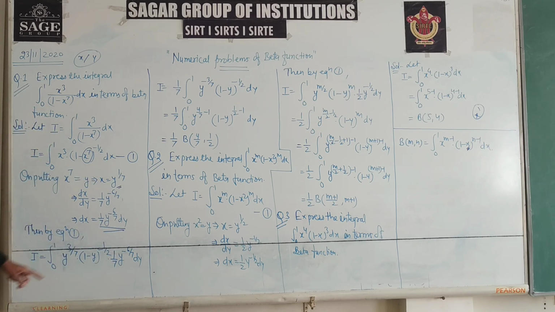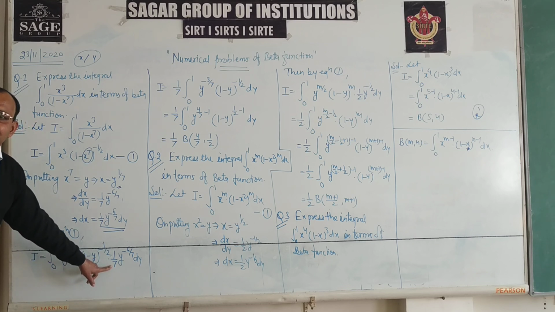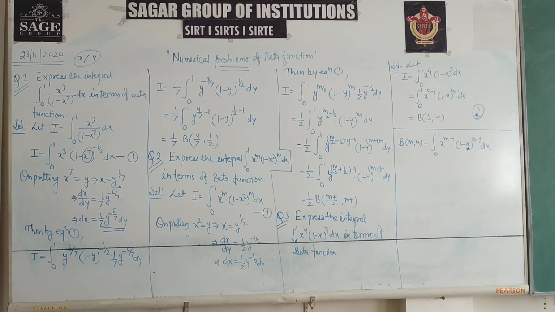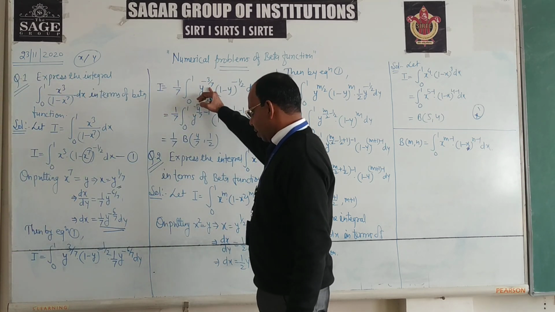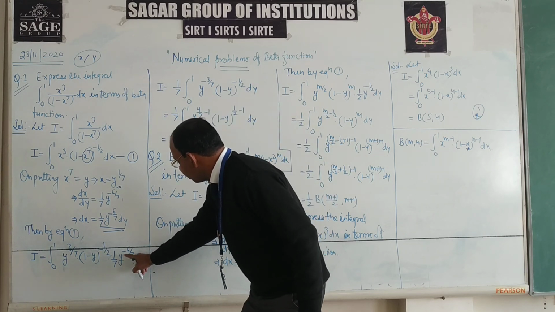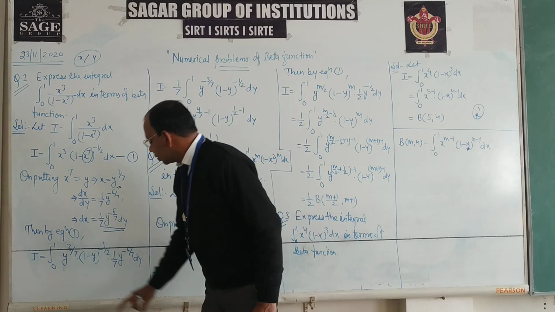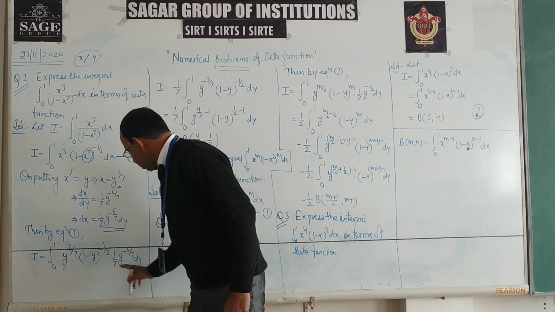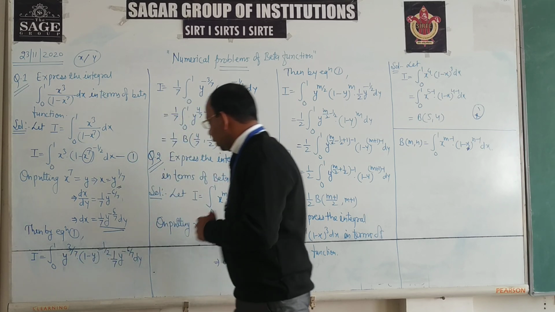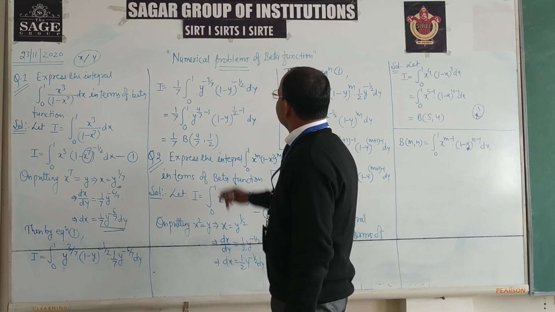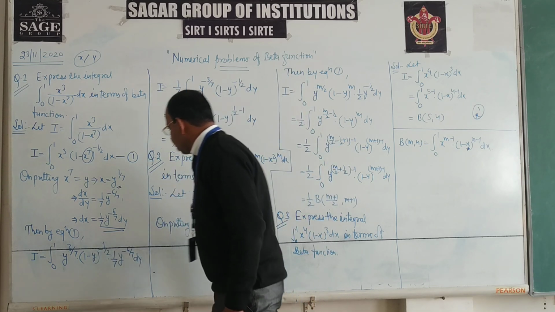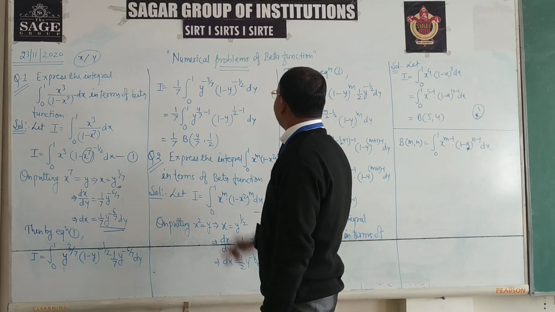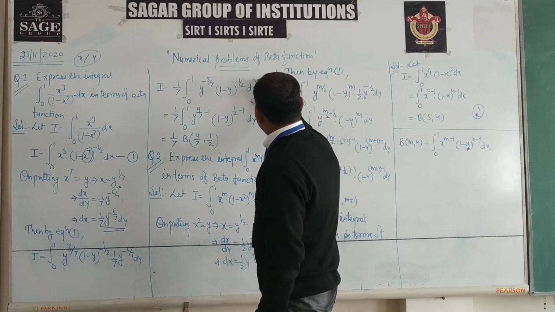Now we solve. 1 upon 7 is a constant, so outside the integration we have 1 upon 7, integration 0 to 1 of y to the power minus 6 upon 7 and y to the power 3 upon 7. The bases are the same, therefore we add the powers: y to the power minus 3 upon 7 and 1 minus y to the power minus 1 by 2 into dy.